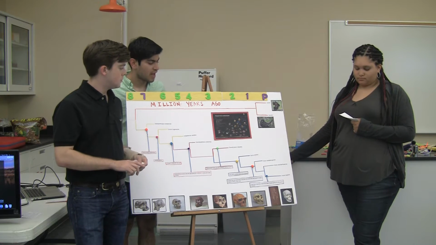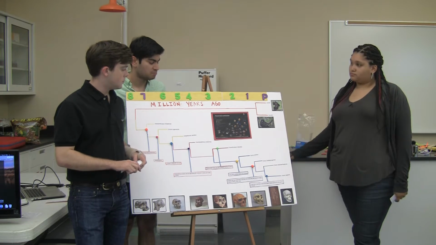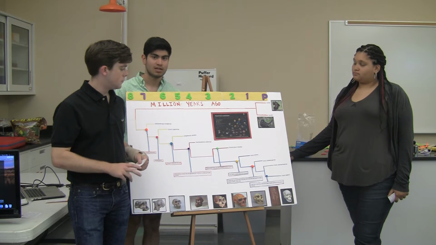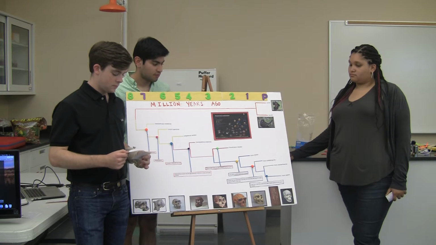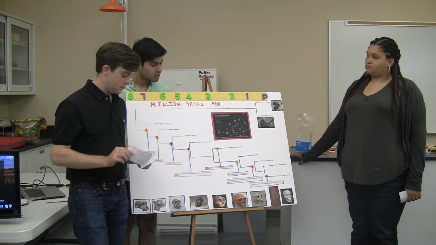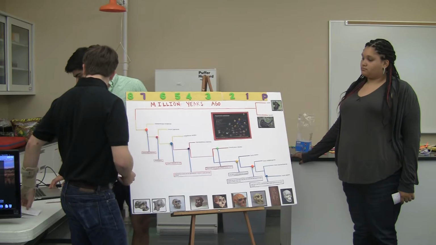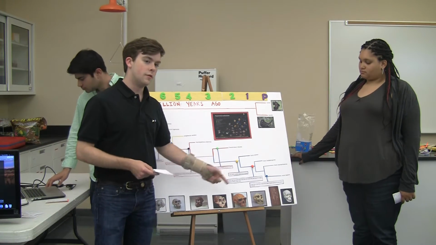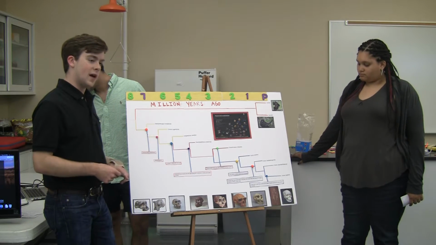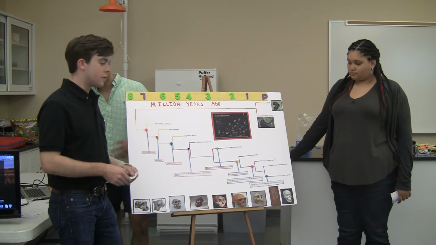It's important to note that the Neanderthals and the Homo sapiens were coexisting. They were not independent of each other. They were existing in different places at the same time. So Homo sapiens actually developed from Heidelbergensis, found in Africa. So Homo sapiens developed more in Eastern Africa, and these are the modern humans.